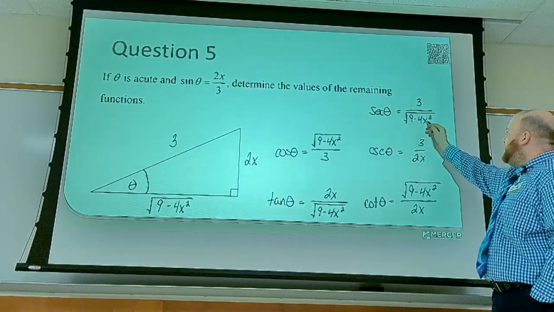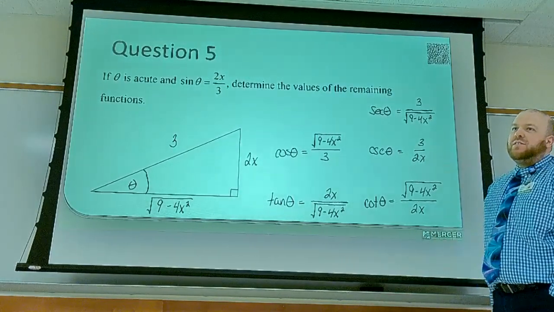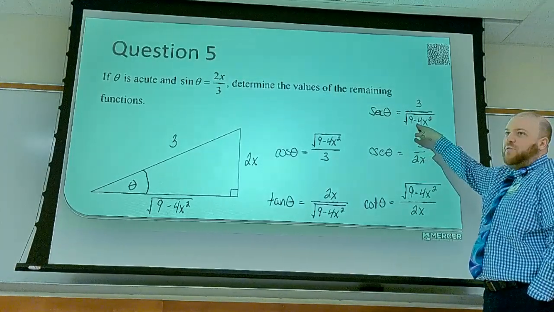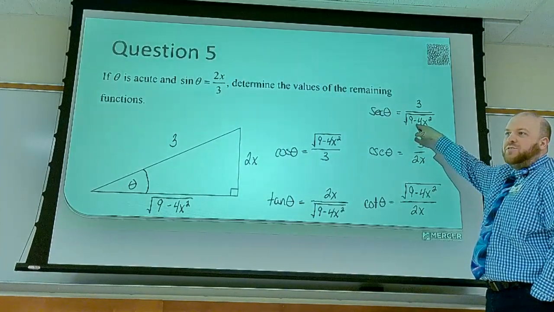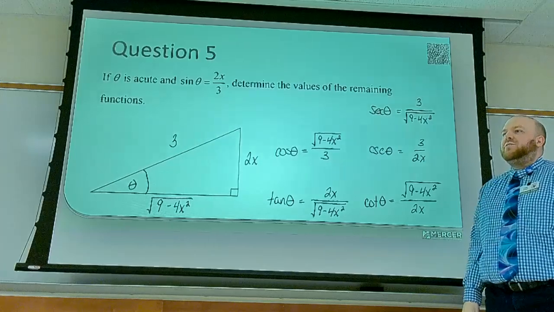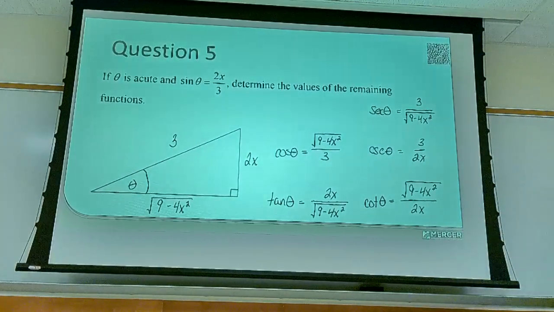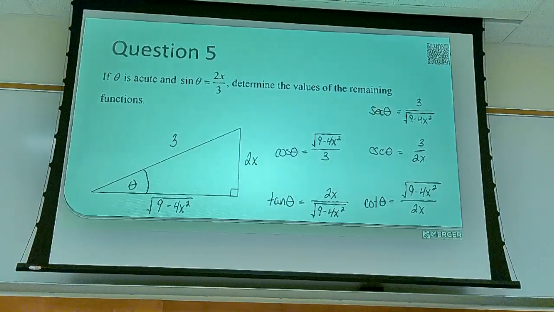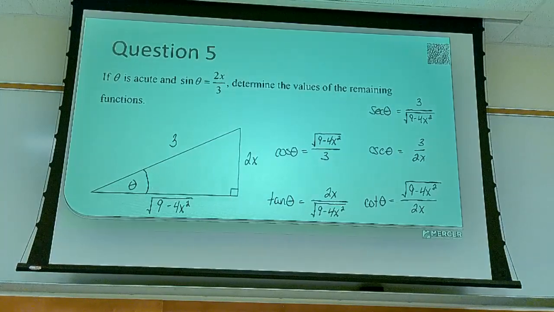Less than 3/2 means that this is smaller than 9, which makes the square root positive. So all of these are automatically defined, just based on the definition of your trig functions.